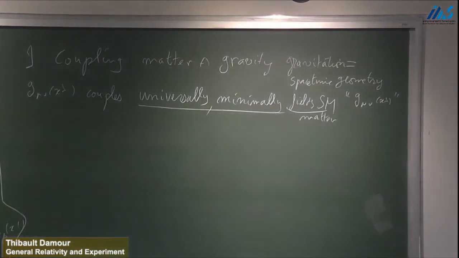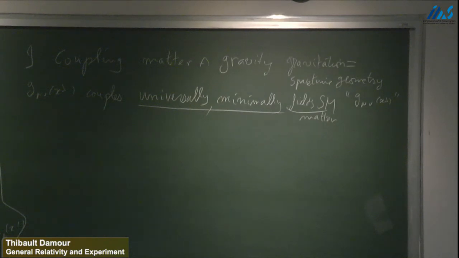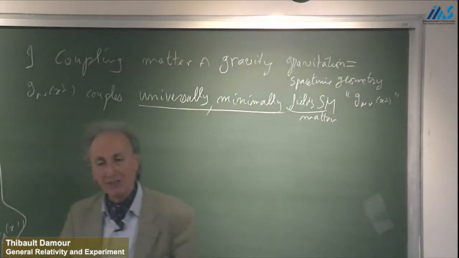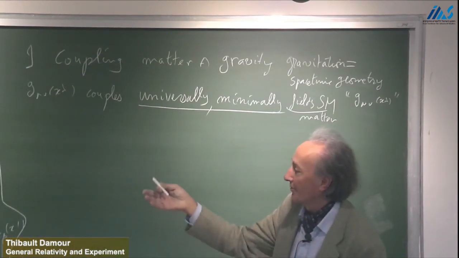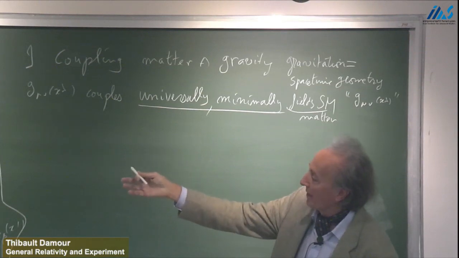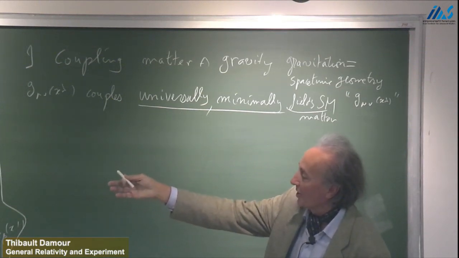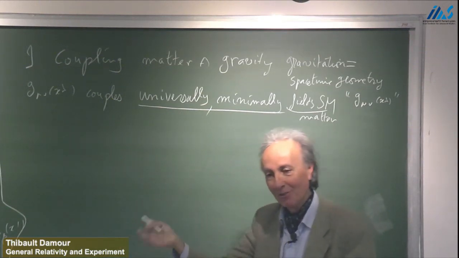And then you act on it with a certain space-time derivative to define kinetic terms. So the two objects that we need to generalize to define the coupling of gravity to matter is to make clear how you change eta mu nu everywhere and how you change the derivative.